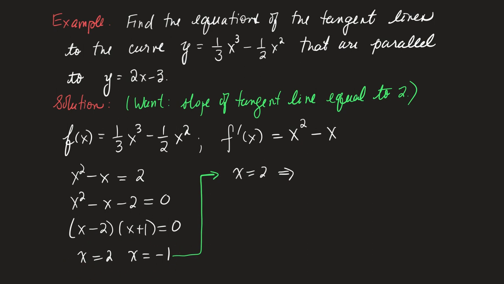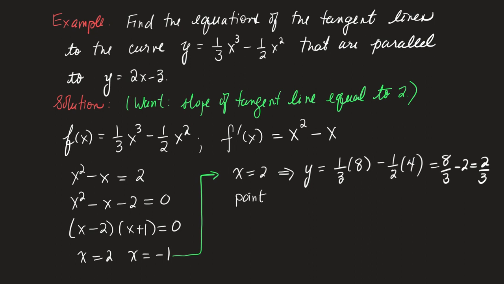To get the y values, I plug those x values back into this function. So when x is 2, y is equal to 1/3 times 2 cubed, which is 8, minus 1/2 times 2 squared, which is 4. And that is 8/3 minus 2, which is equal to 2/3. So that's my first point.